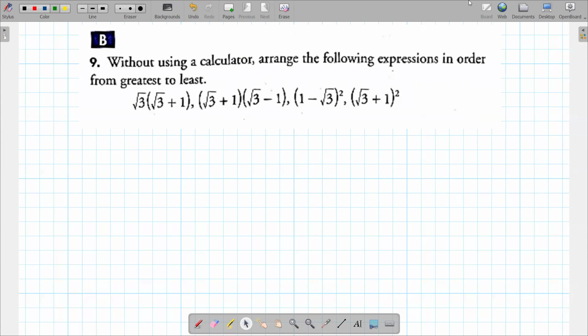If we open the brackets, 3 plus root 3. 3 plus root 3 is correct. So it's slightly more than 3. It's about 4-ish. What about the second term?